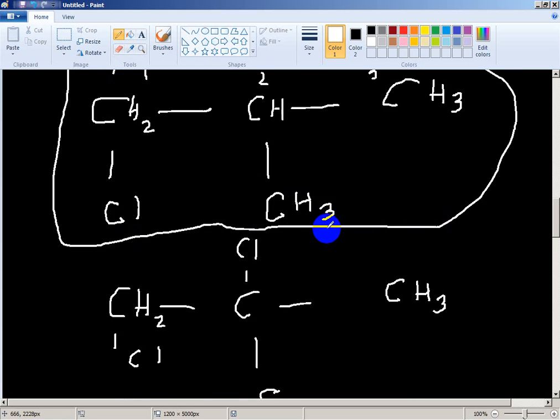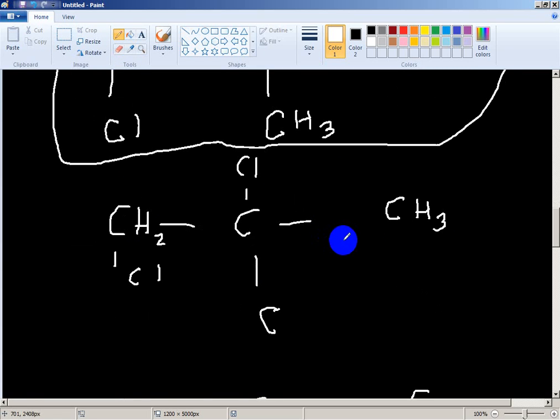What is the name of this compound? 3 hydrogen it is also, this chlorine too.